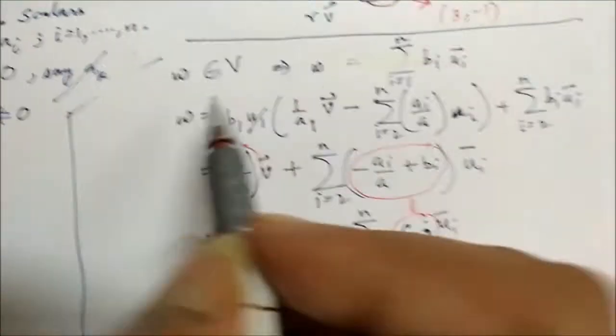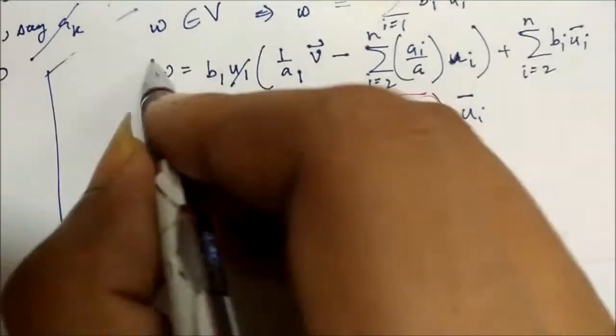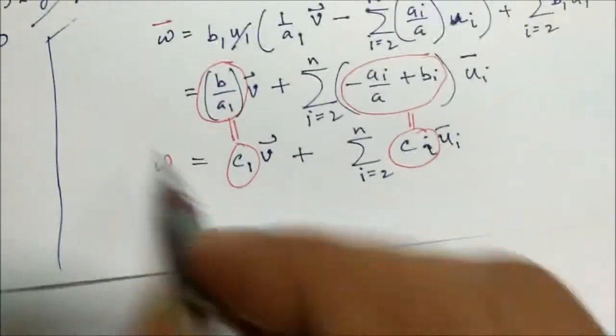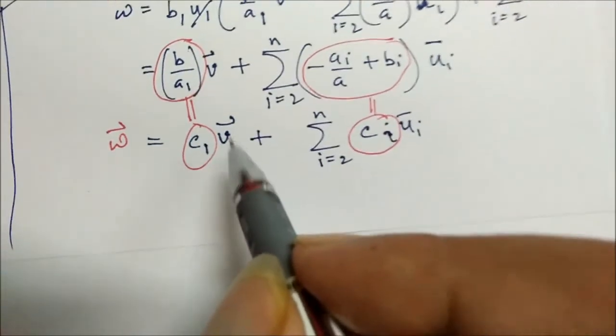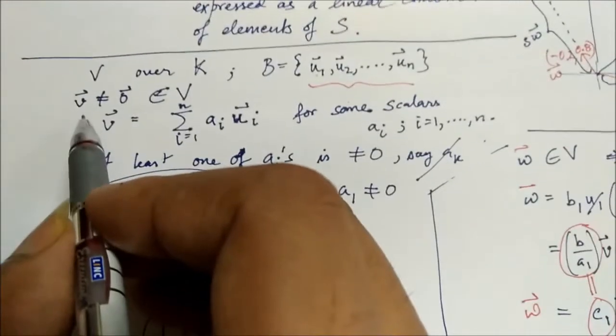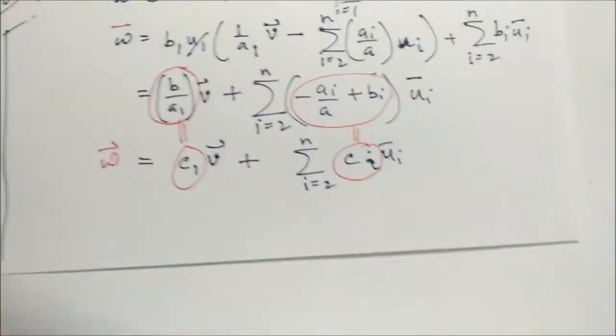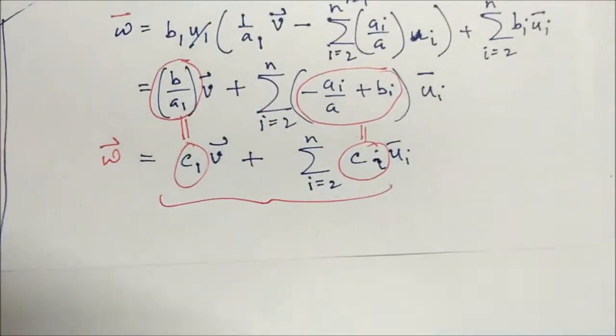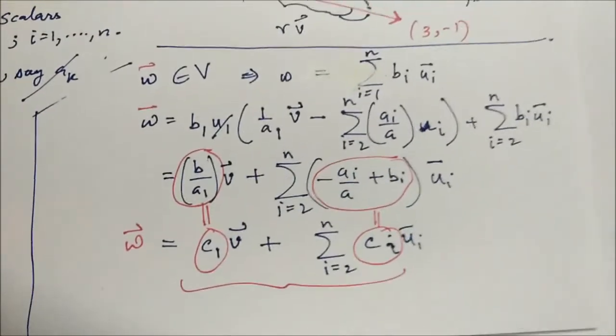Now the vector w, any vector, is written as a linear combination of v vector and the other remaining vectors of the basis. So what we have done is we have replaced u1 vector by v. Just to demonstrate it more clearly, I have done this calculation.